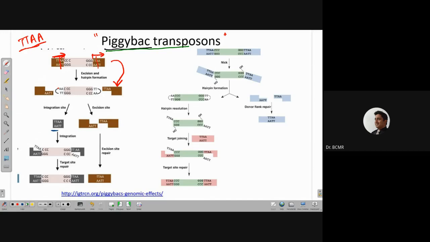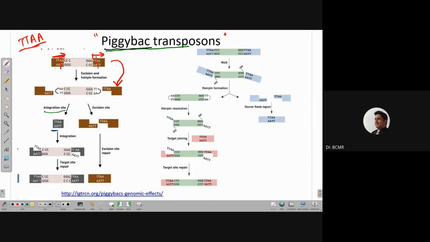If you read Watson, there is a nice picture in it showing how the first strand is cut and the second strand is cut, and how it is transferred from one location to another. There are differences. I would like you to look up those things in the textbook, and you can understand better. So the hairpin that is formed like this is now going into a new integration site.